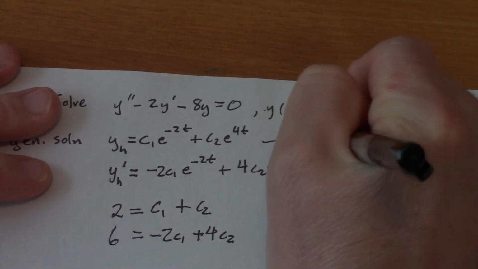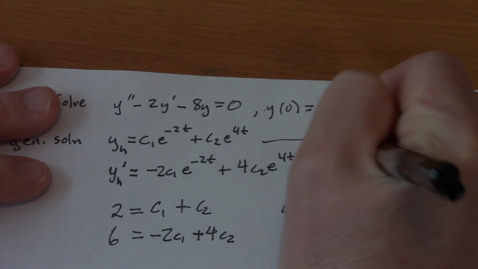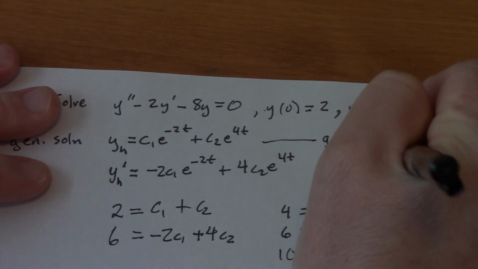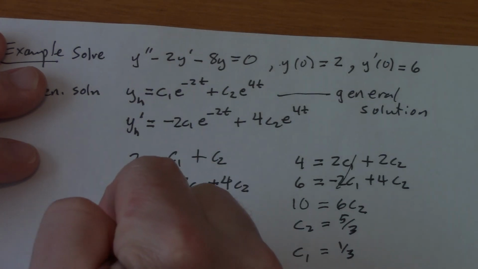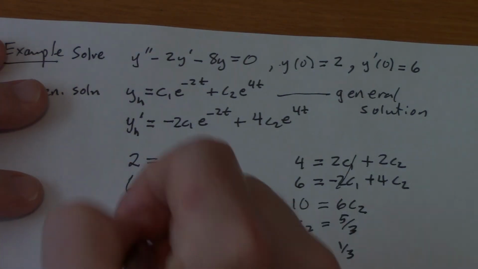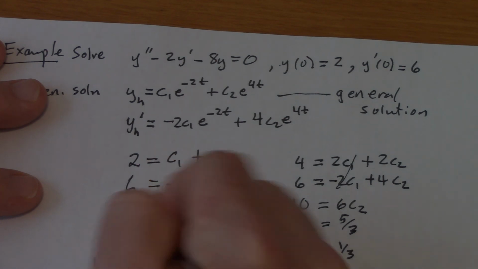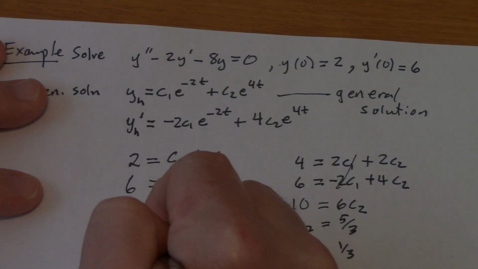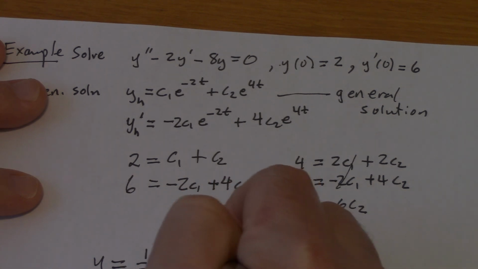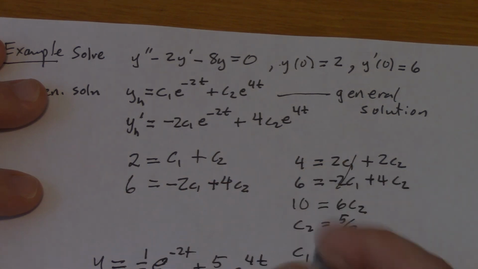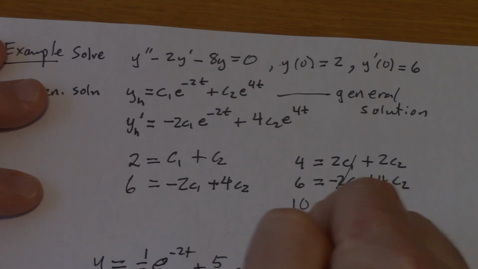That is called the general solution. And this next one's going to be the particular solution. Okay, so it's a particular solution when C1 is 1/3 and C2 is 5/3. And all those depend on, like I said, those initial conditions.